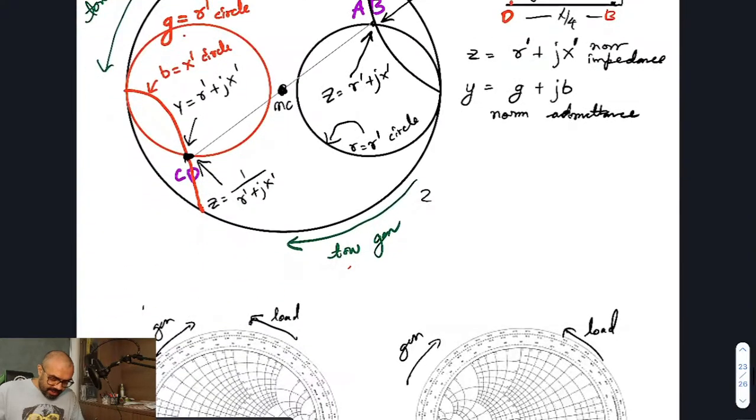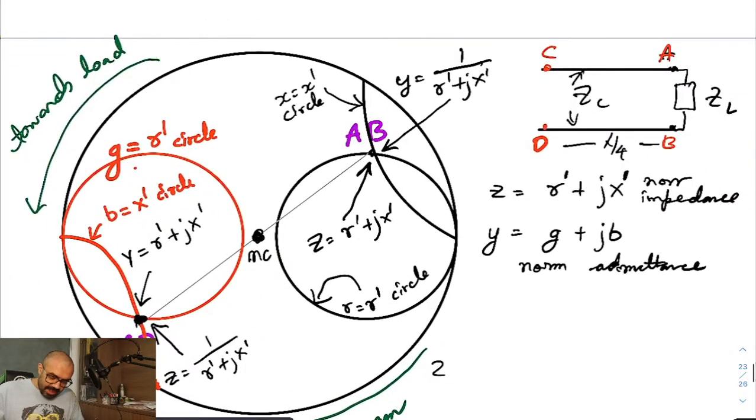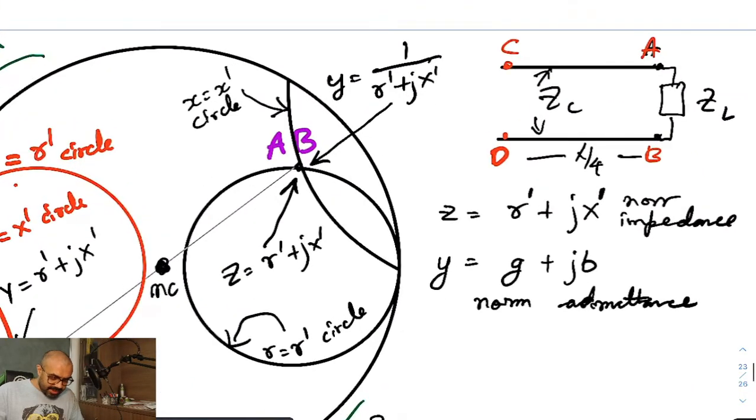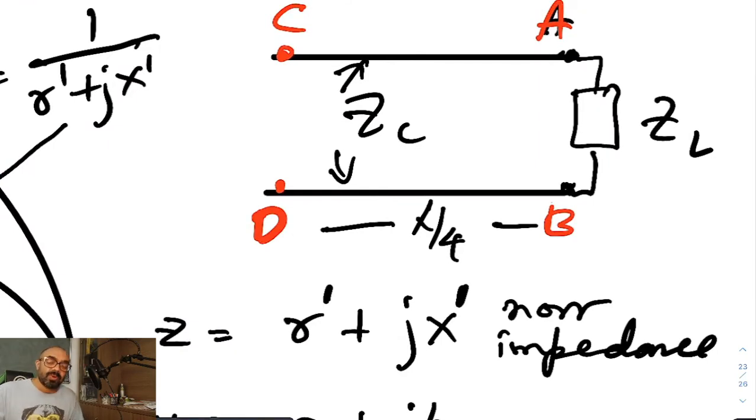To do that, you need to first realize the properties of the lambda by 4 transformer. This is basically just a line that has a length of lambda by 4.